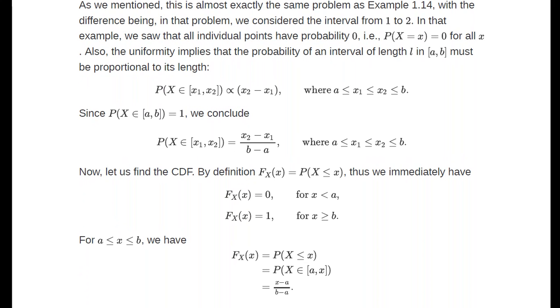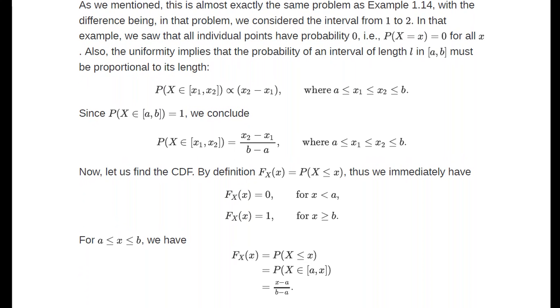For example, probability of X equals x is 0 for all x. Also, the uniformity implies that the probability of an interval of length L in [a, b] must be proportional to its length.